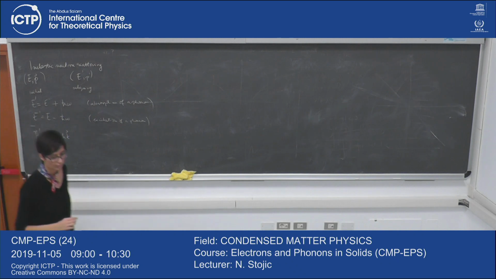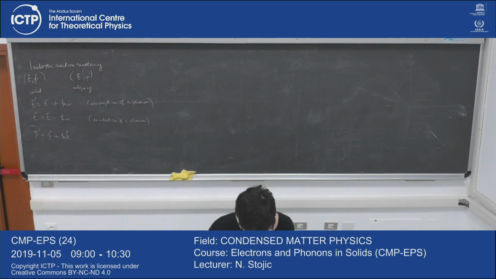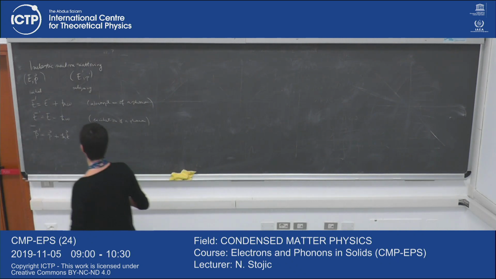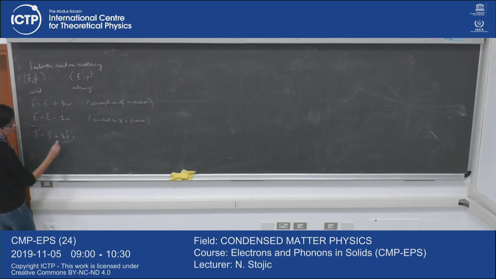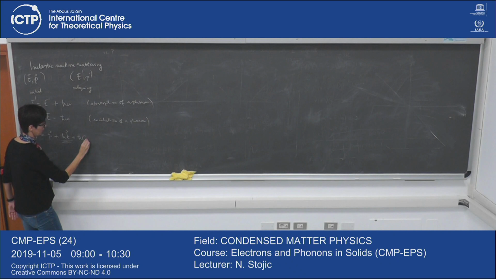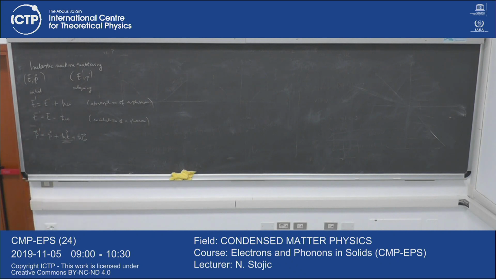I don't think I took into account the G vectors. In principle it can be. So if this is a phonon K vector, it's called Q sometimes, it depends. But you always have to take into account G, because this is big enough.